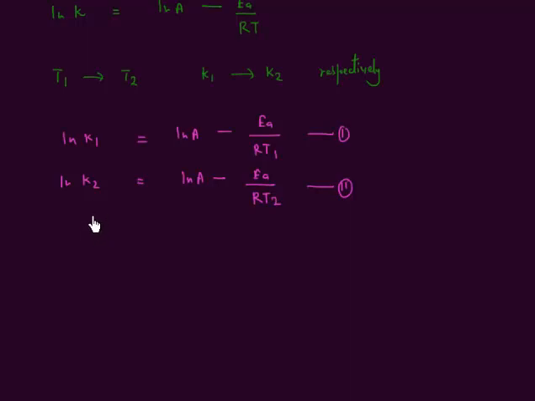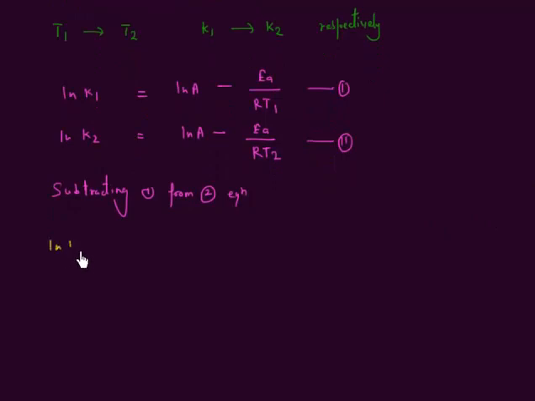So here, subtracting the first from the second equation, we have ln k2 minus ln k1, and since we are taking ln k2 first, this expression will be written here on the right side: ln A minus Ea/RT2, and then minus the bracket of ln A minus Ea/RT1.